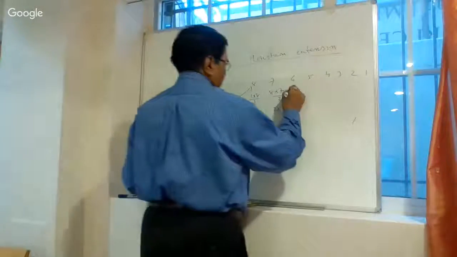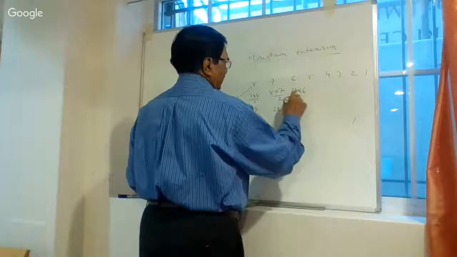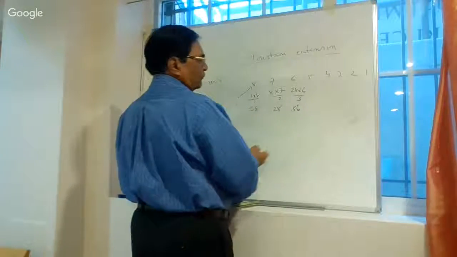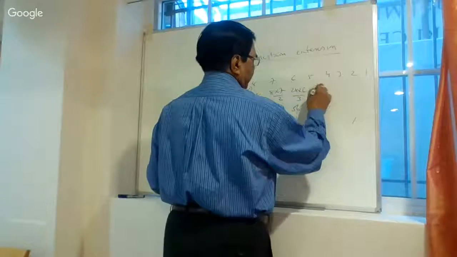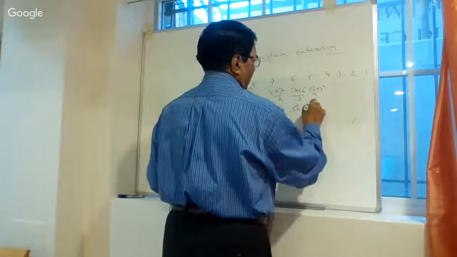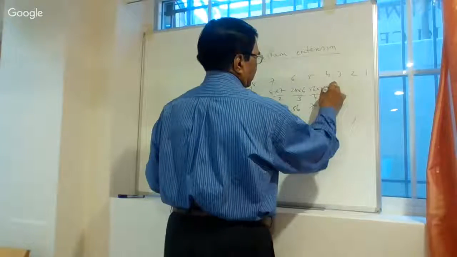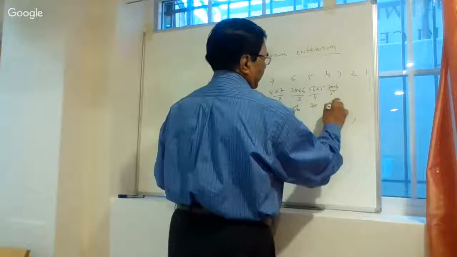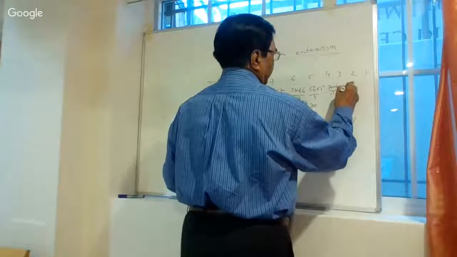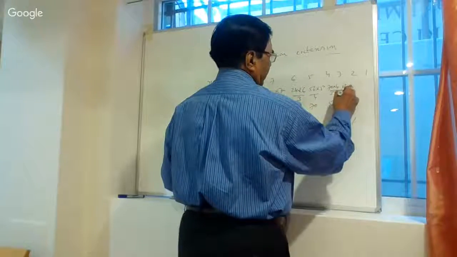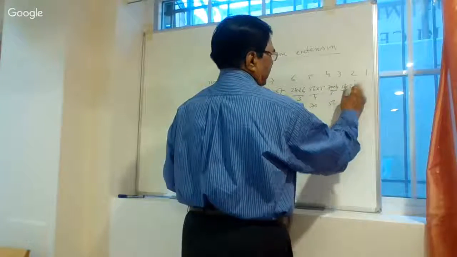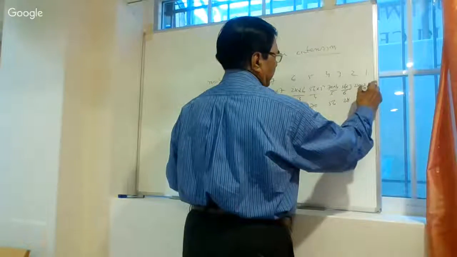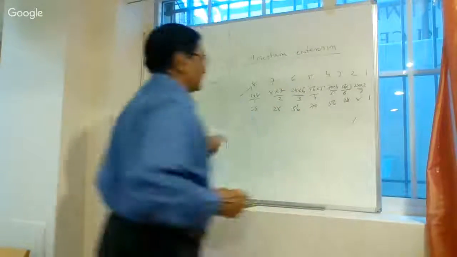Then 28 into 6 by 3, 56. 56 into 5 by 4, 70. 70 into 4 by 5, 56. 56 into 3 by 6, 28. 28 into 2 by 7, 8. And 1. You can see.